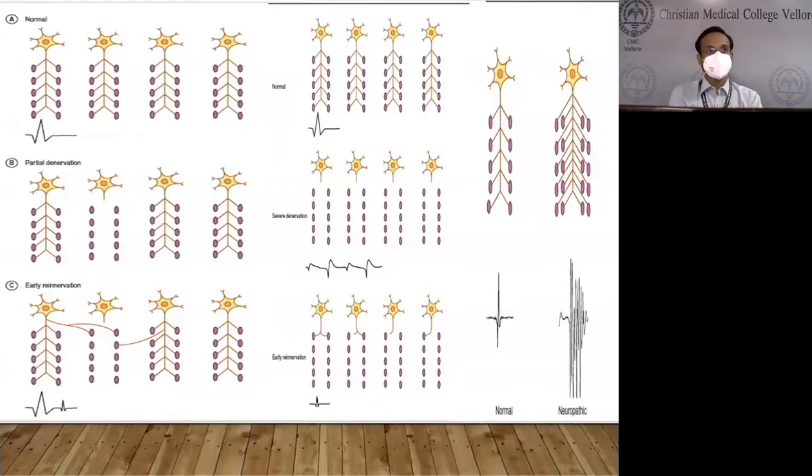I'm just talking about the morphology. Of course, the number of satellite potentials is much more. In a traumatic injury, we often try to differentiate whether this is a partial denervation or early denervation. Is it important here or not?